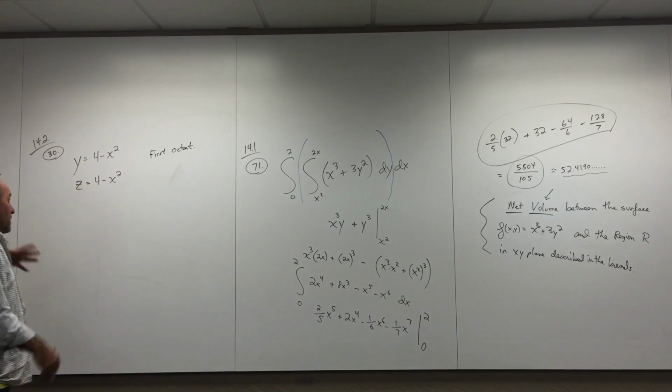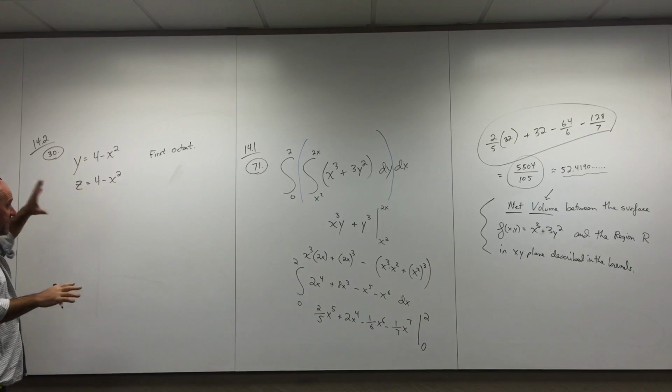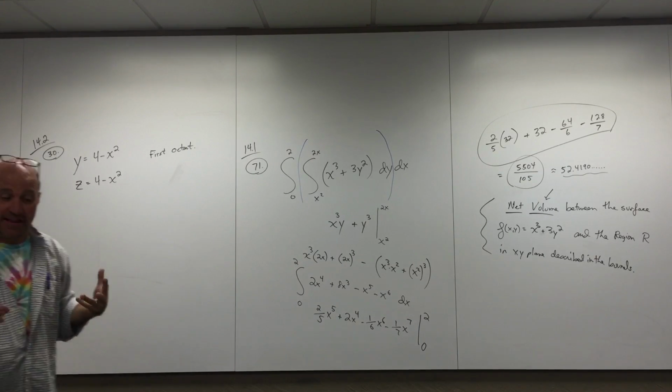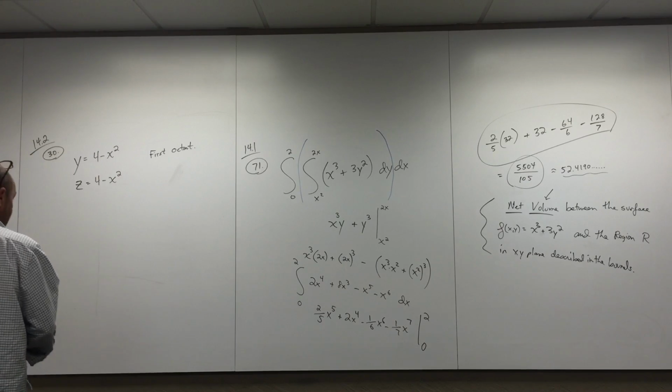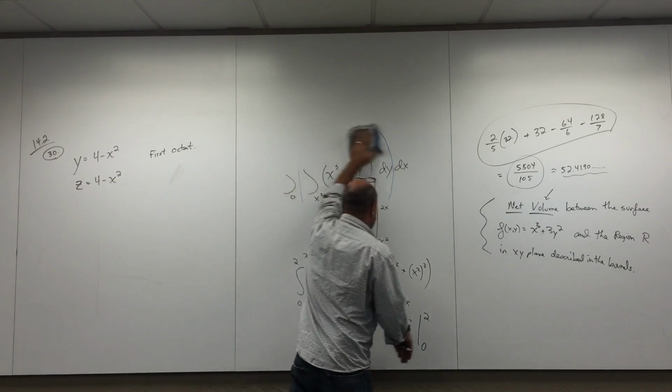Okay. Well, you guys, these equations are 3D shapes. I'm in the first octant, and they form the boundaries of some 3D solid, and they want the volume of this solid. I can do volume with a double integral, but I got to know what I'm doing.